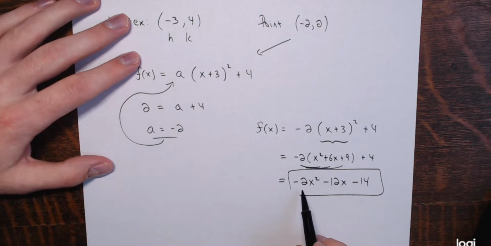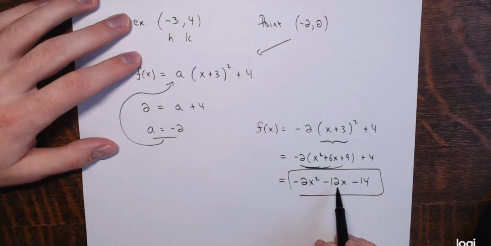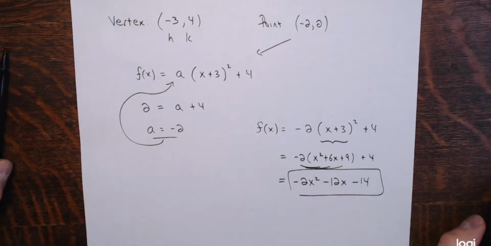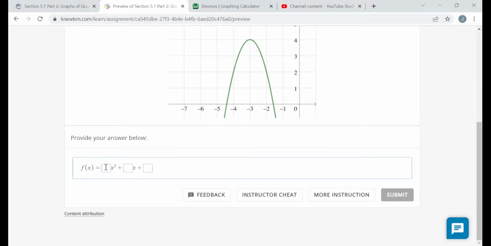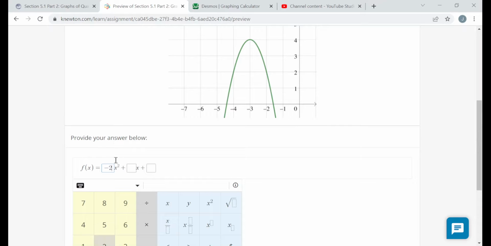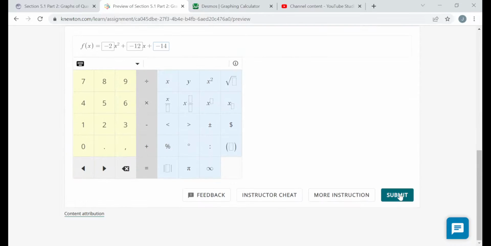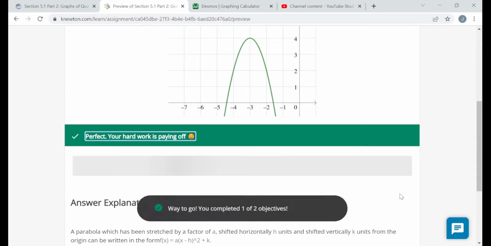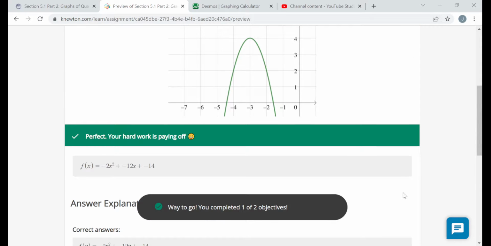So a is negative 2, b is negative 12, c is negative 14. That's what I'm filling in for my answer: negative 2x squared plus negative 12x plus the constant term, negative 14. It should be good. All right, so that objective's done.